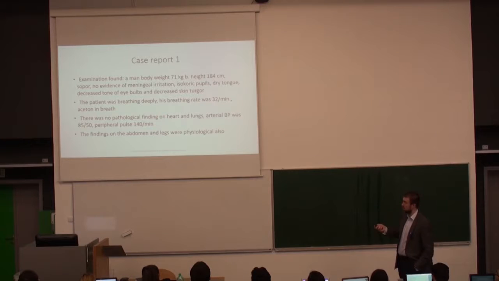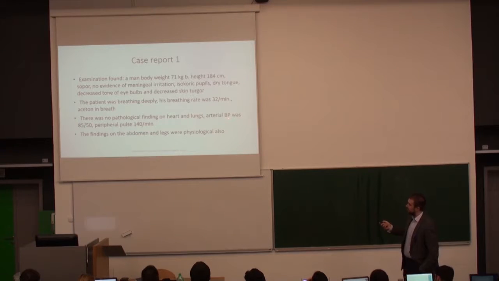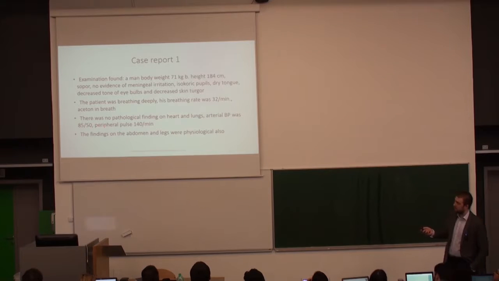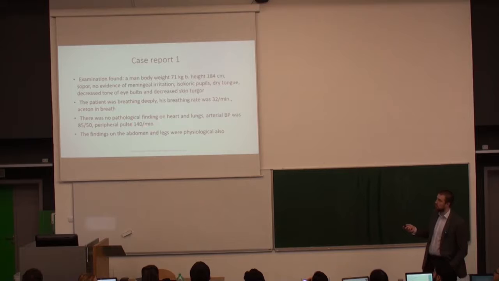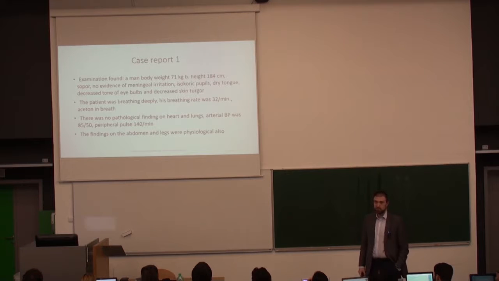There were no severely pathological findings on heart, on lungs. That means the listening. And the arterial blood pressure was 85/50. Peripheral pulse was 140 per minute. The findings on the abdomen and legs were physiological.